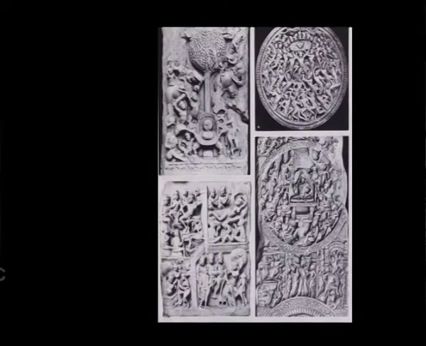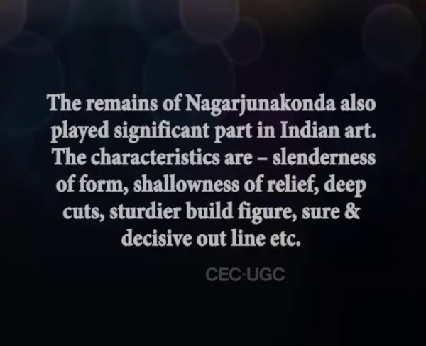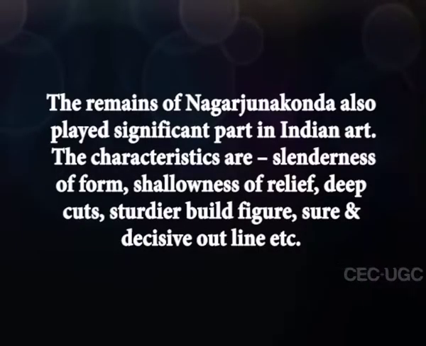Amaravati marks the center of this southern movement. The remains of Nagarjunakonda also played a significant part in Indian art. The characteristics are slenderness of form, shallowness of relief, deep cuts, sturdier built figures, sure and decisive outlines, etc. It is marking the end of the old school.